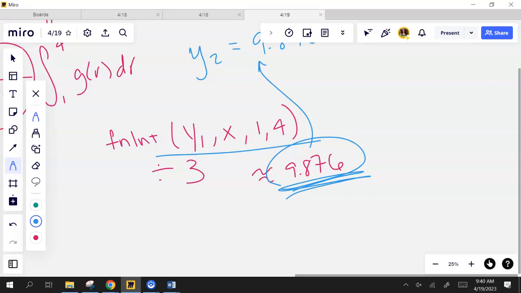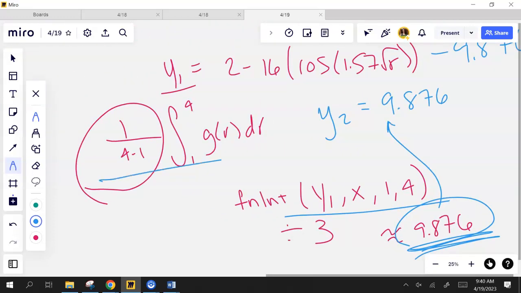So I need to know where this equals 9.876, right? Or actually not this, I need to know where G of R equals 9.876. So I can use my calculator to do that.